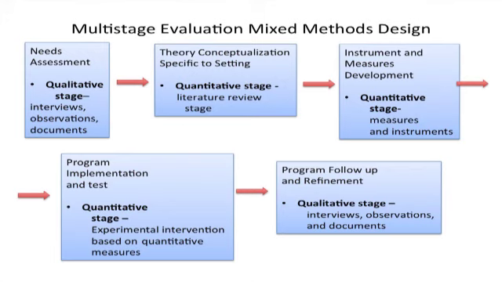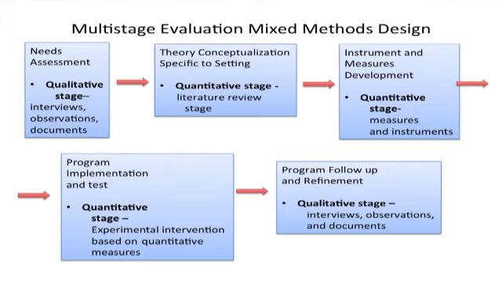From that stage, you might then build an instrument or measures to actually test in this community. So now we're to a quantitative stage. This would then be followed by implementing a program that might actually work, a health program, a program to improve the lives of the individuals in a community. So this could be a quantitative implementation stage.